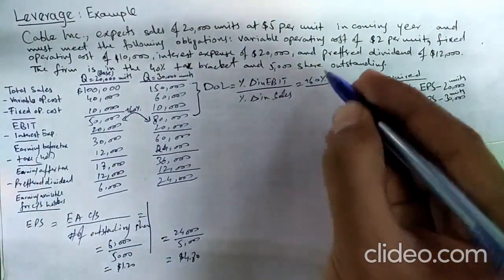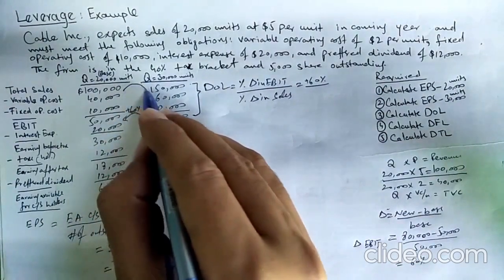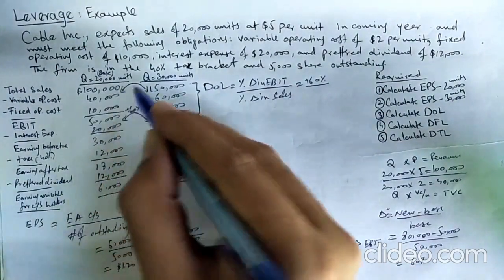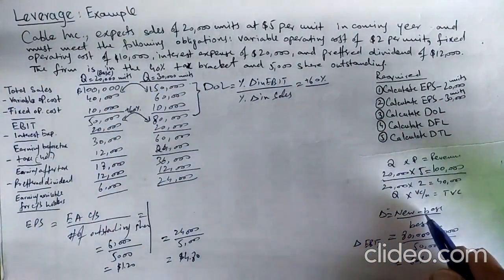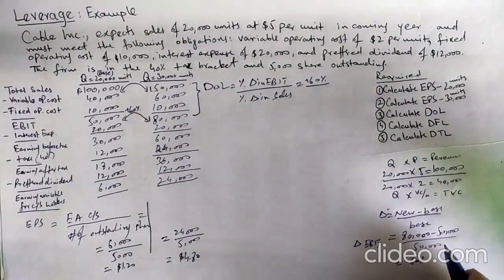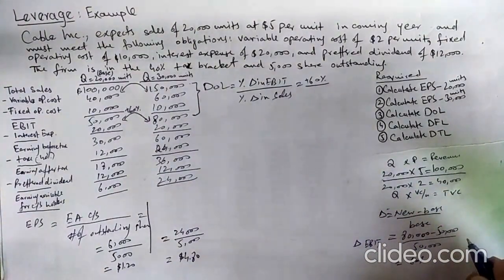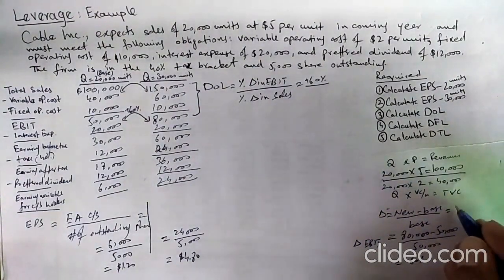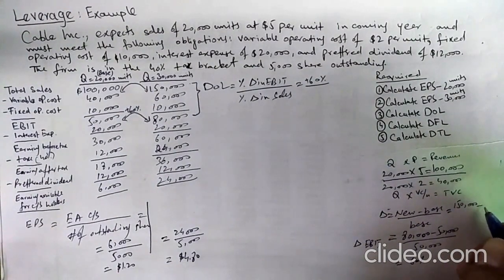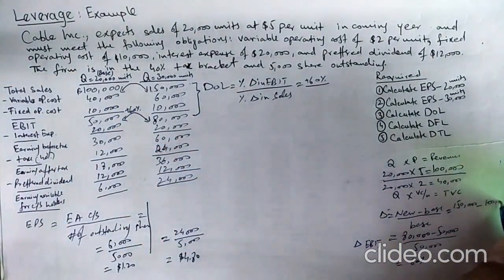Put here 60% plus. Now we can calculate a change in sale. Change in sale can be calculated by taking the change between these 2 points. So again, use this formula. The new sale is 1,50,000, our base sale was 1 lakh, divided by 1 lakh.